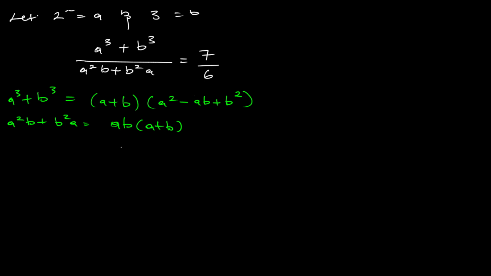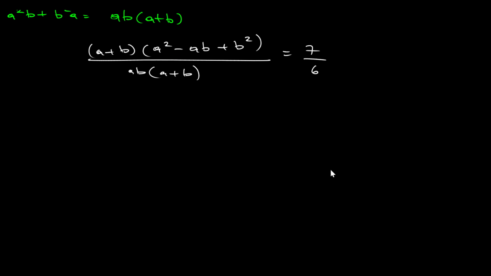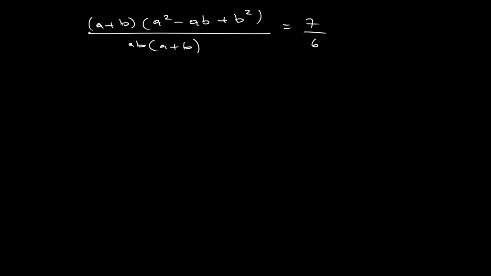From this point, we could rewrite our fraction as a plus b in a bracket being multiplied by a squared minus ab plus b squared, all over ab times a plus b, and this is equal to 7 over 6. Okay, so we're on to a great start, and as we can see here, we could cancel the a plus b terms and we would be left with a squared minus ab plus b squared all over ab, and this is equal to 7 over 6.